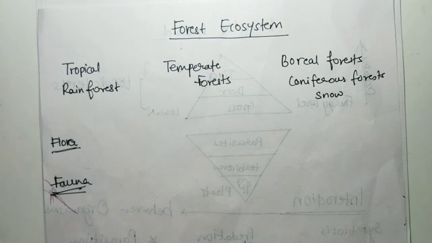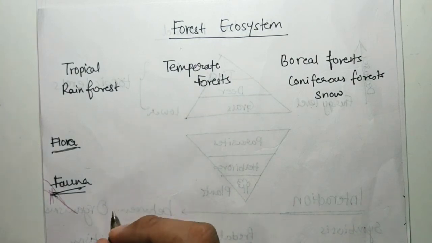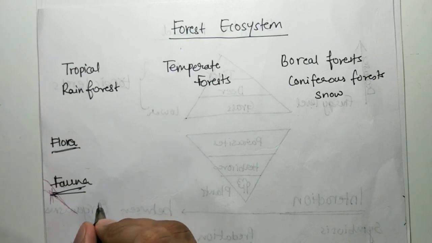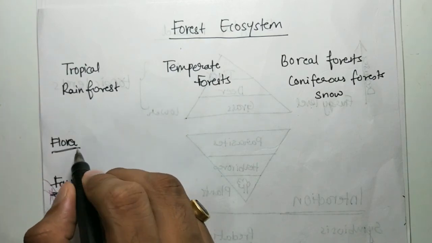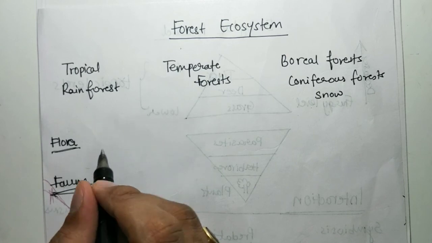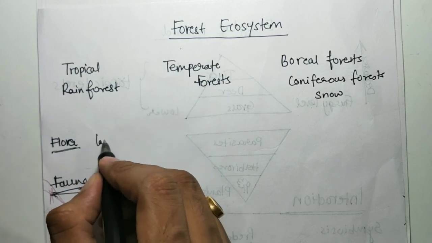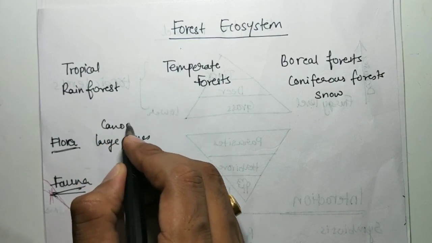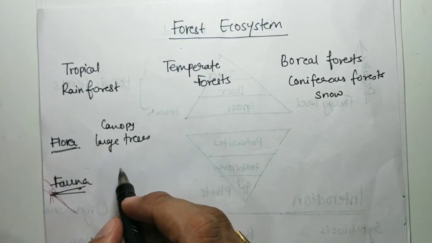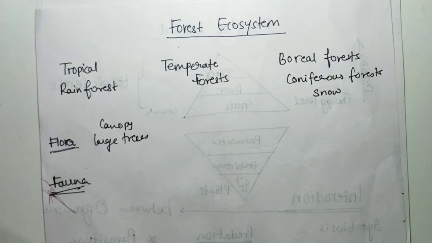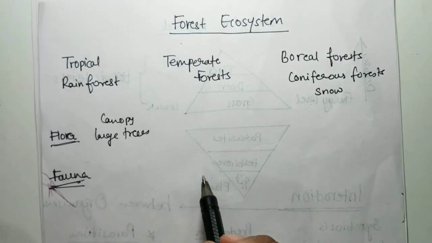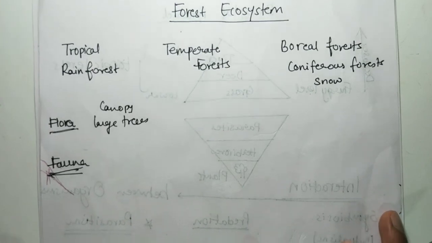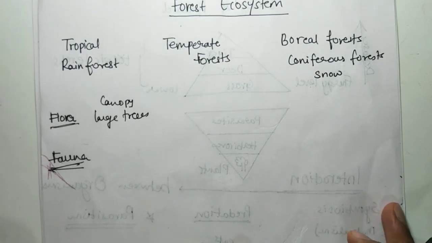For example, in the tropical forest there is a lot of rain, a lot of sunlight, and so they have large trees. They have a canopy. Do you understand what a canopy is? Canopy means the forests are so dense that you cannot even see the sky.